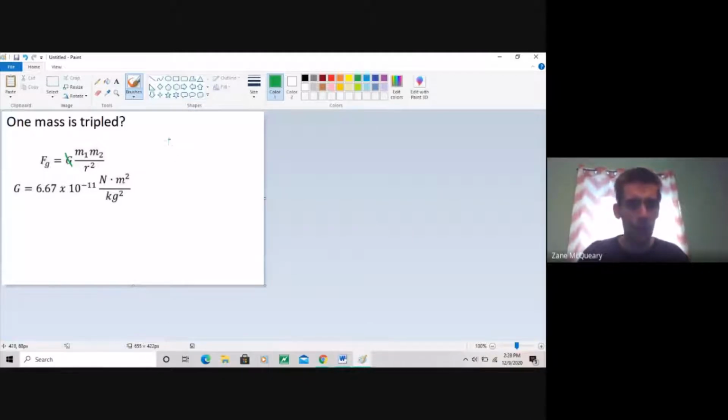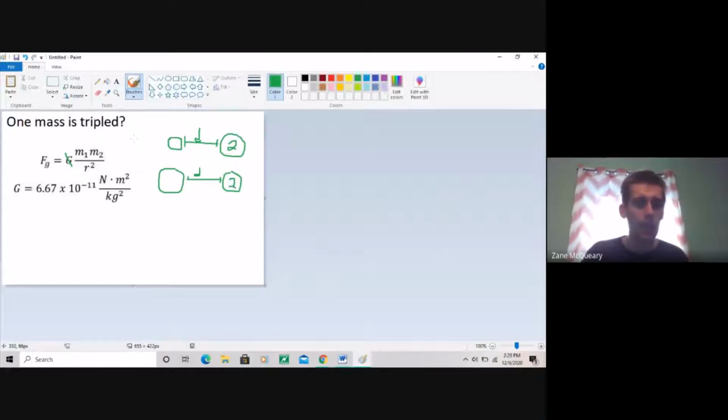So imagine we started out with something maybe like this over here, and there's a distance between them. Okay, and now we've tripled one of those masses. Same distance. All right, and the mass of object 2 hasn't changed. It's just object number 1 that changed.